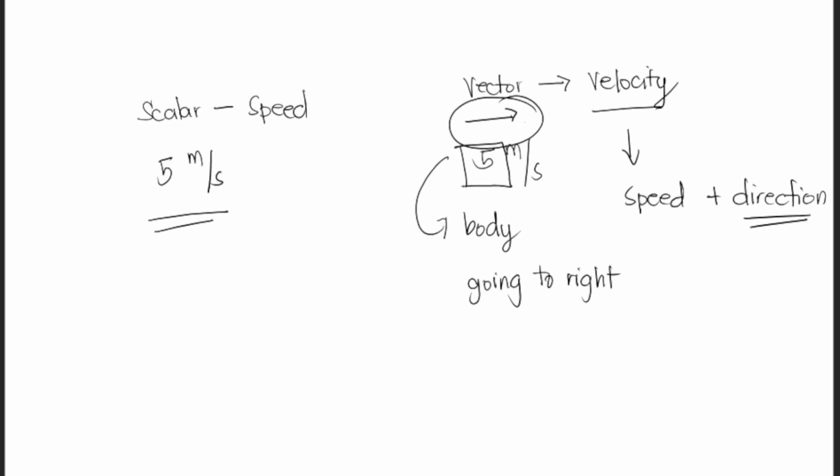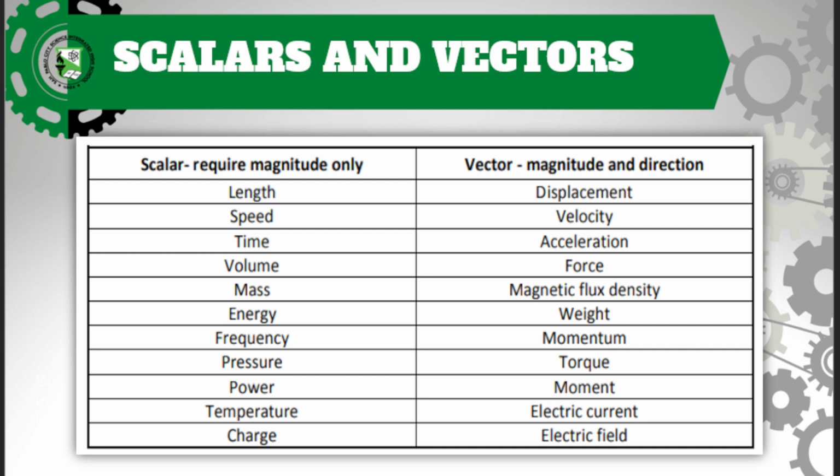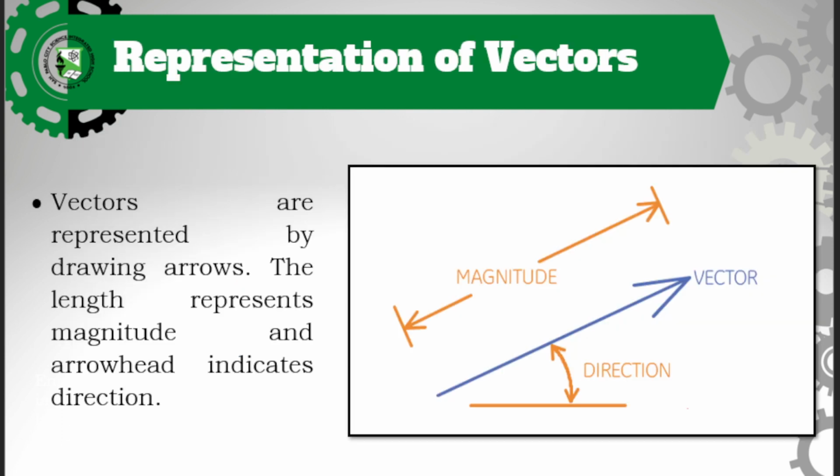To further classify which quantities belong to vector and scalar, you can refer to this table. But in this lecture, we will focus more on vectors and how vectors are represented in different calculations.